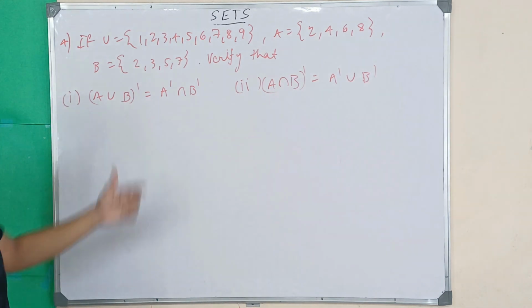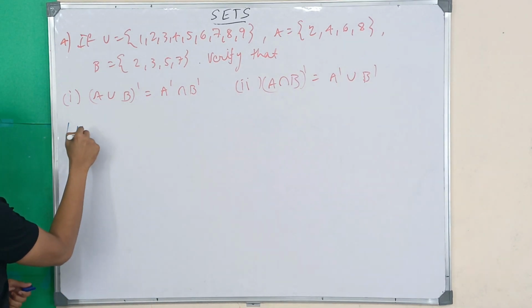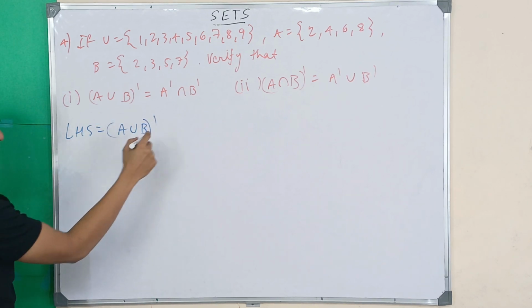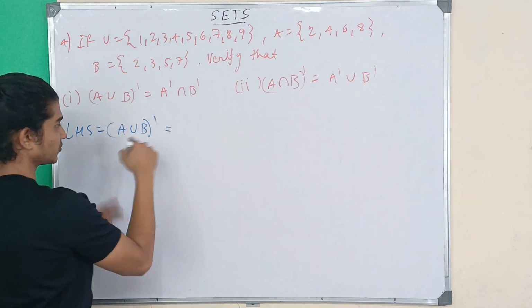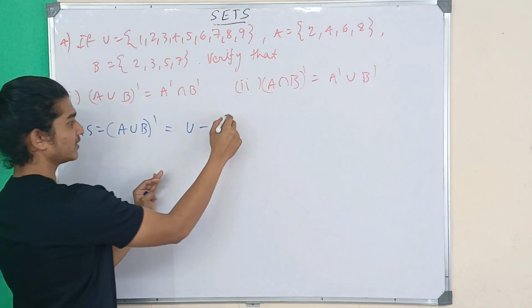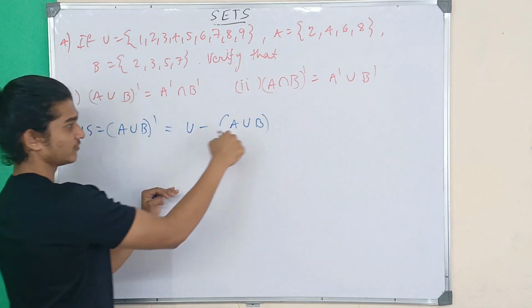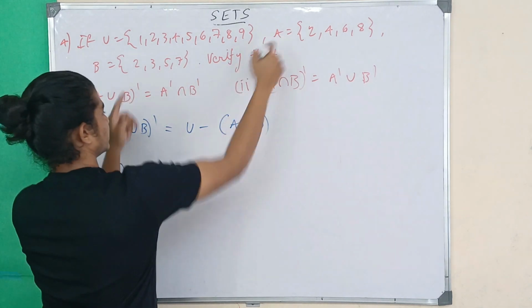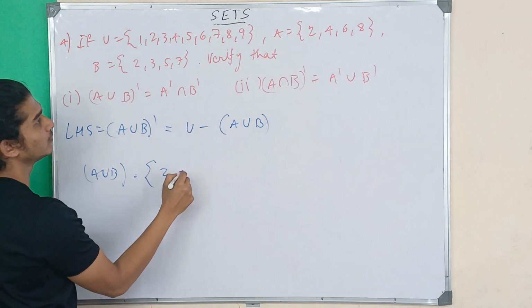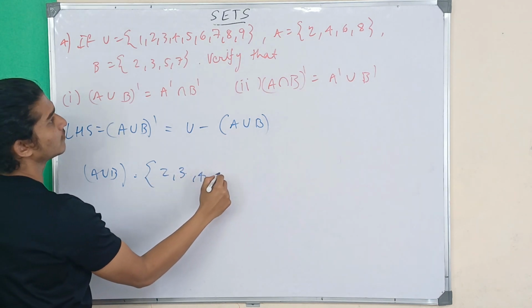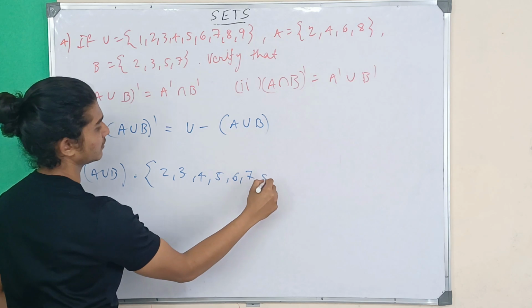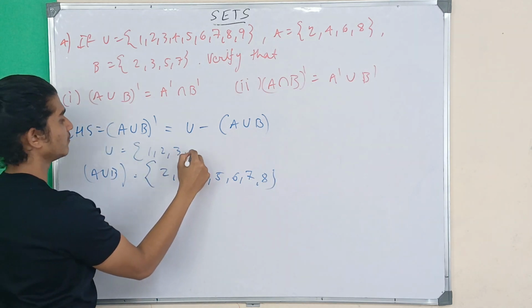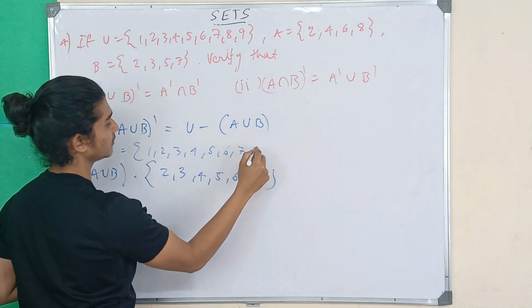So let us try to solve the first one. LHS equals A union B whole complement. So let us find this first. This is basically the universal set minus A union B. So first find A union B. A union B is merging these two sets: 2, 3, 4, 5, 6, 7, 8, and your universal set is 1, 2, 3, 4, 5, 6, 7, 8, 9.